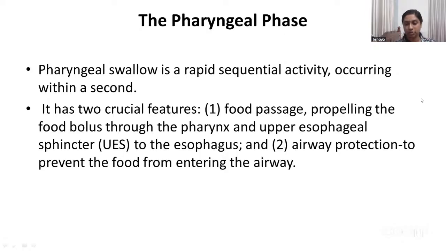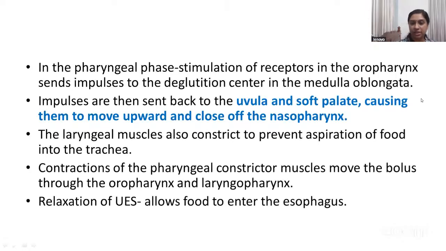Okay. So in the pharyngeal phase, the stimulation of receptors in the oropharynx sends impulses to the deglutition center. In the last session, we studied that the deglutition center or the swallowing center is present in the medulla oblongata. Impulses are then sent back to the uvula and soft palate, causing them to move upward and close off the nasopharynx in order to prevent the food from entering backwards into the nasopharynx.